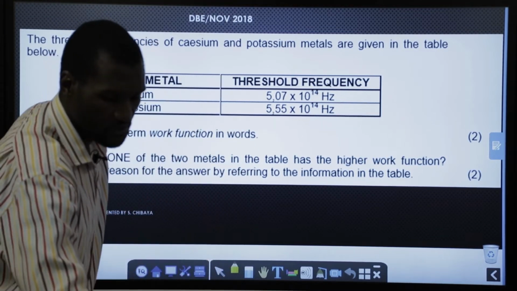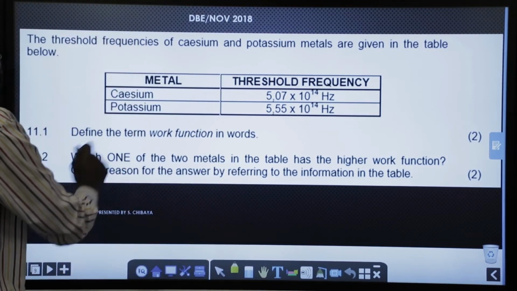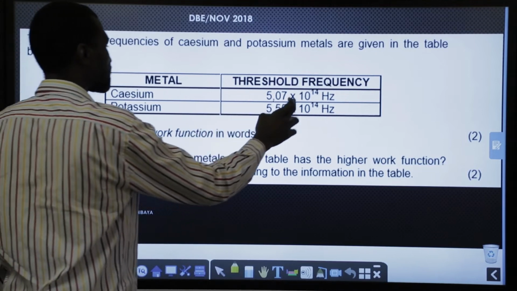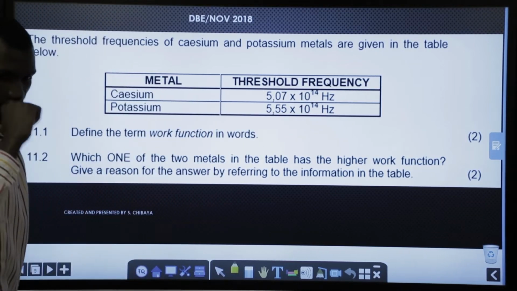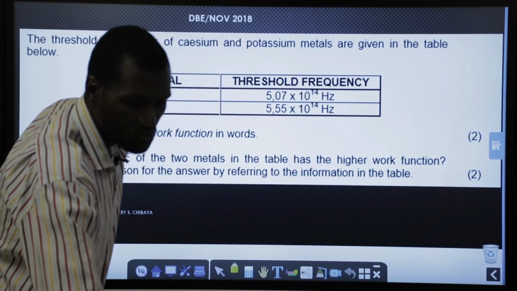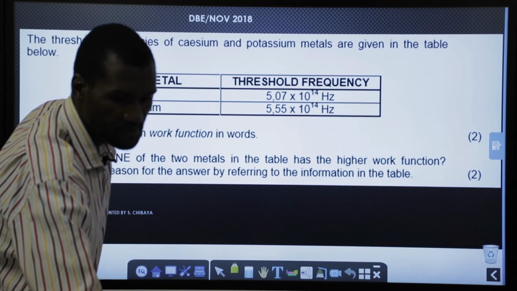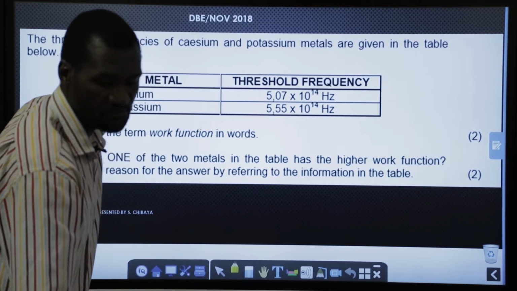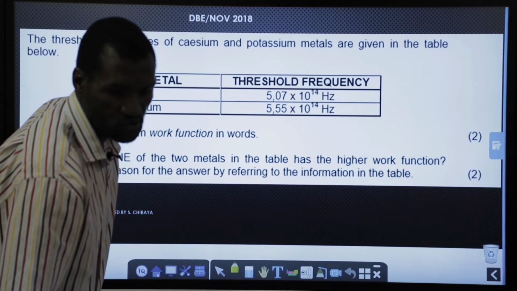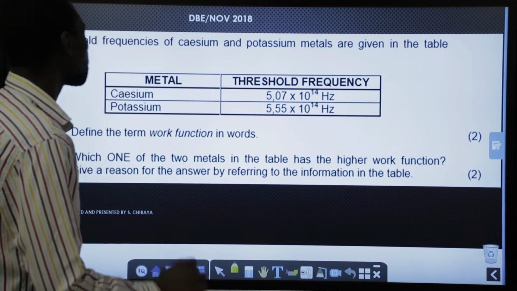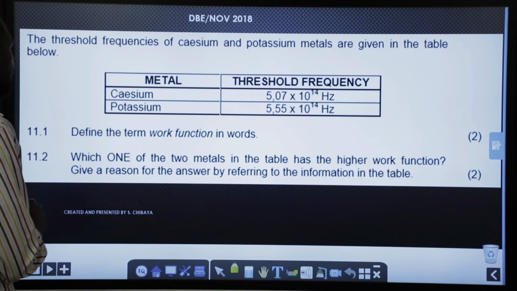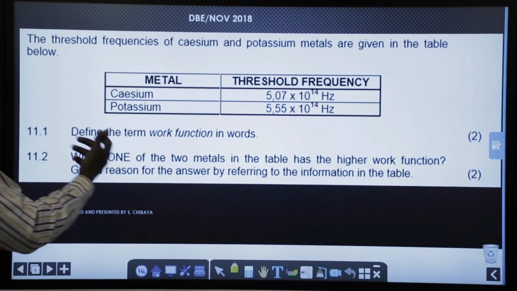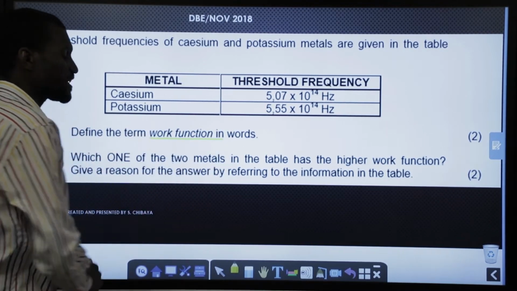The first value is for calcium, 5,07 times 10 to the power of 14 hertz. And the next one is for potassium, 5,55 times 10 to the power of 14 hertz. It says define the term work function.